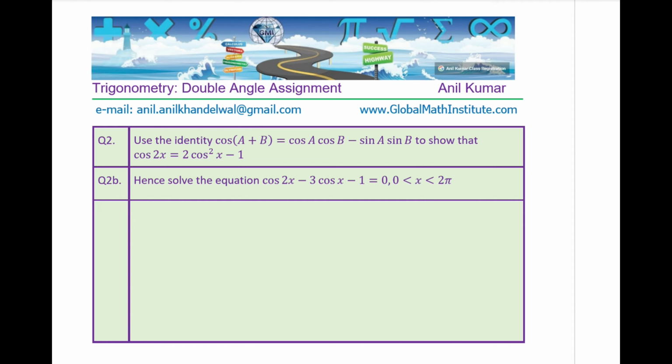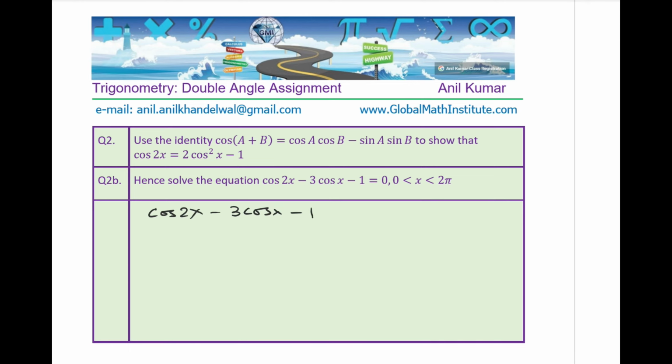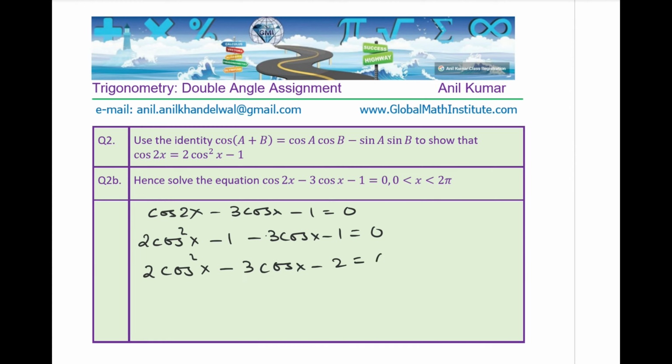So I will write this equation and then leave it for you to solve. We have cos 2x minus 3 cos x minus 1 equals 0. And for cos 2x, we are writing 2 cos square x minus 1 minus 3 cos x minus 1 equals 0. That gives you 2 cos square x minus 3 cos x minus 2 equals 0.